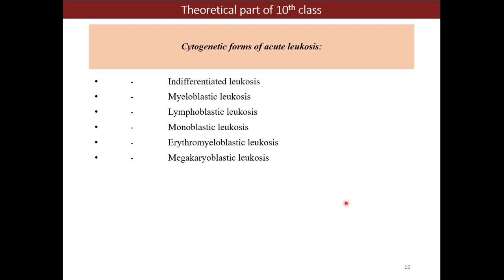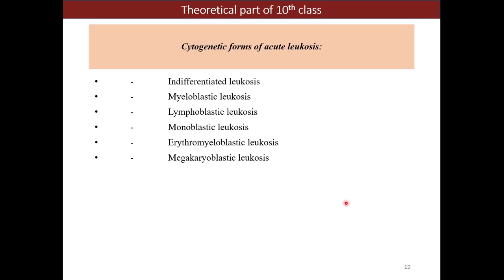Cytogenic forms of acute leukosis are associated with undifferentiated leukosis, when we may see only progenitor cells in the peripheral blood, and we couldn't understand the nature of these cells and what their morphological type is.